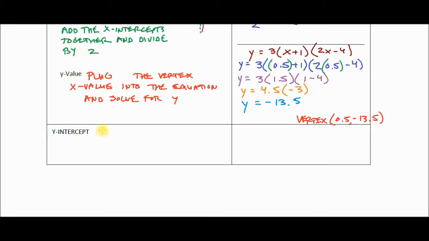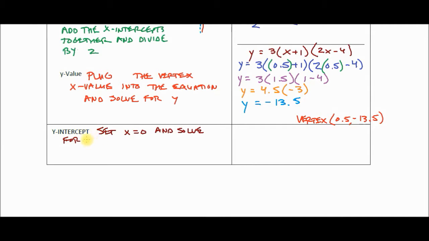To find the y-intercept, you take your original equation, you set x equal to 0, and solve for y.